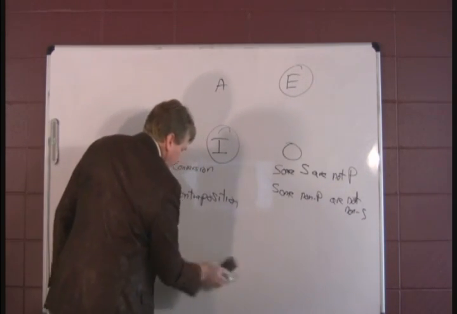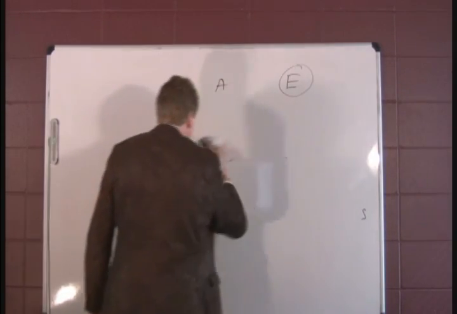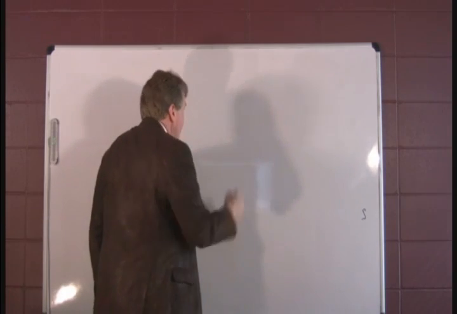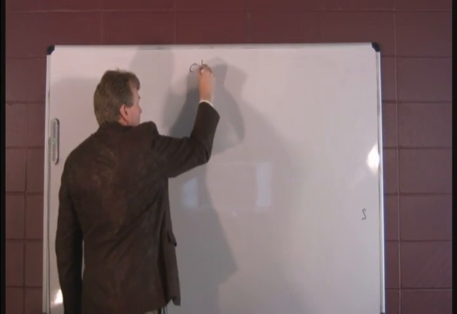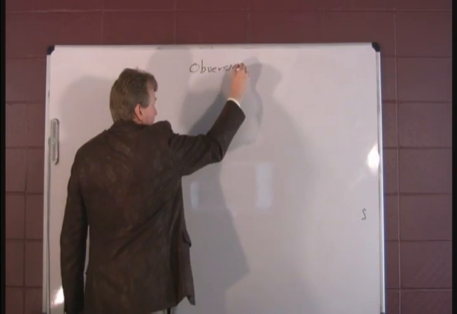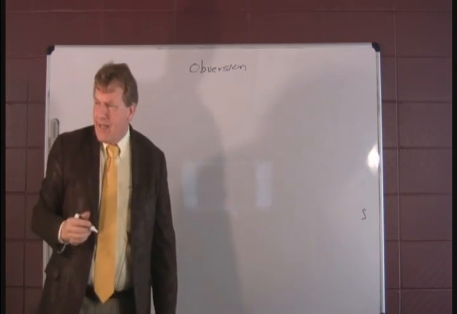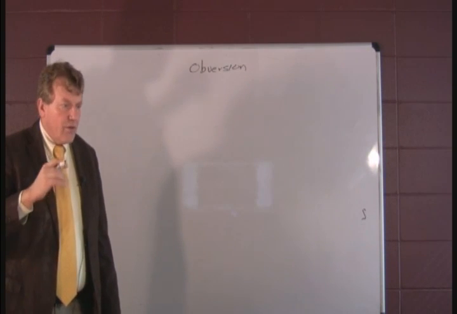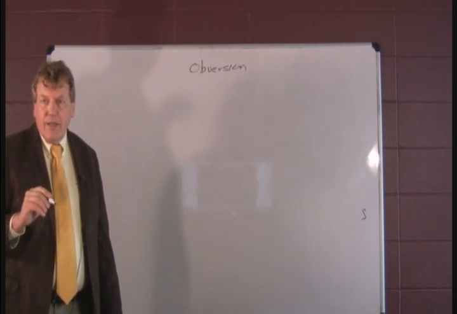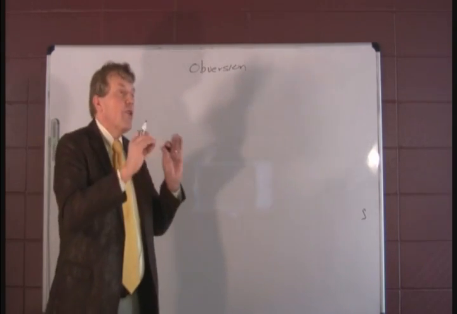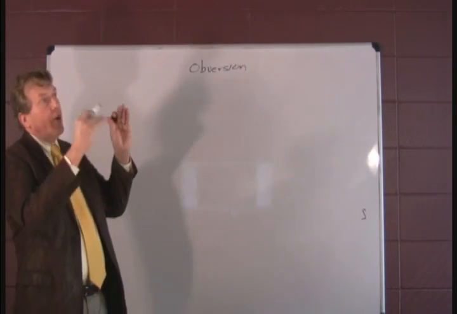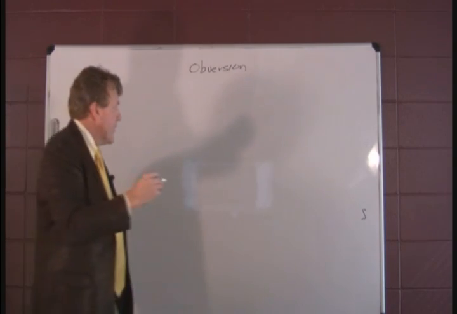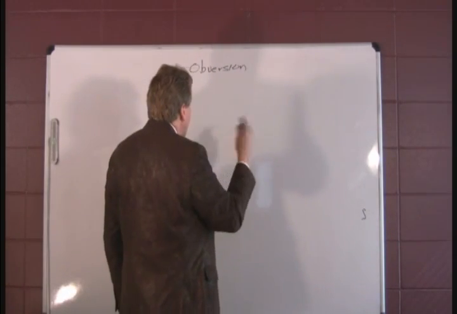Now, we've got 2 rules then. Conversion, contrapositioning. I'm going to show you another rule. This is called aversion. And in an aversion, you negate the entire proposition, and you change the proposition if you go from A to E, and then you actually negate the second term.